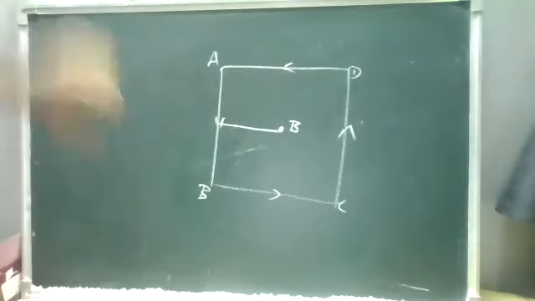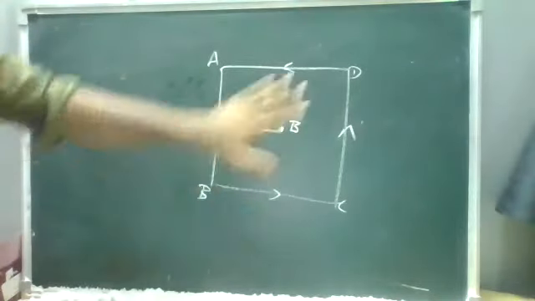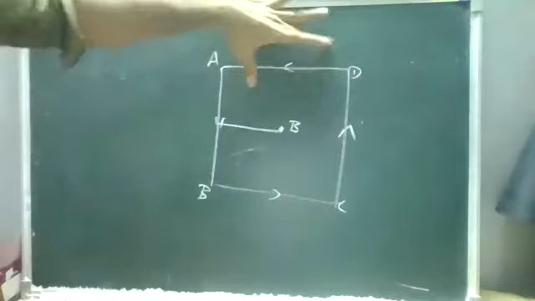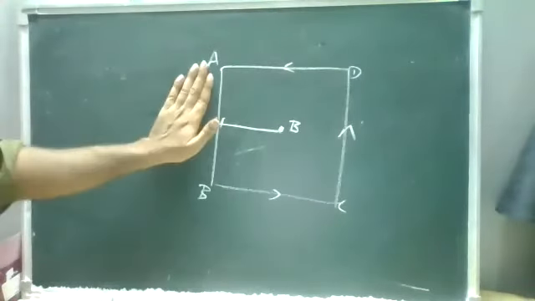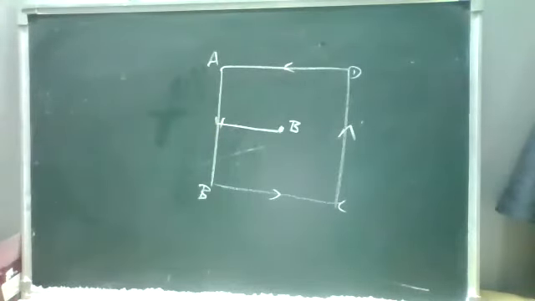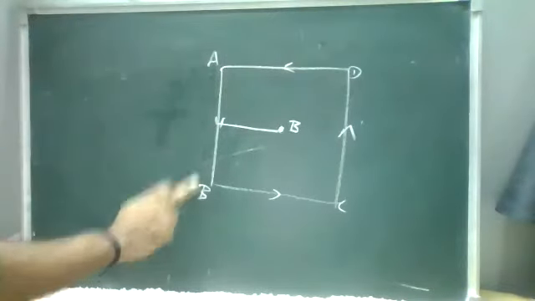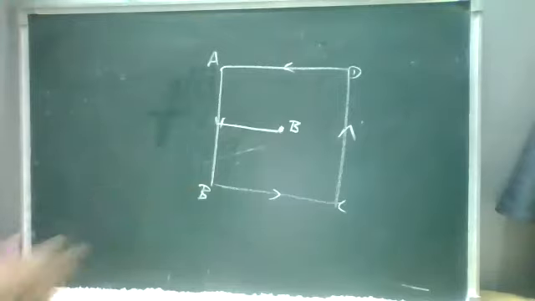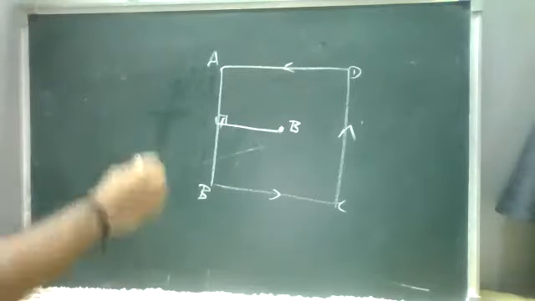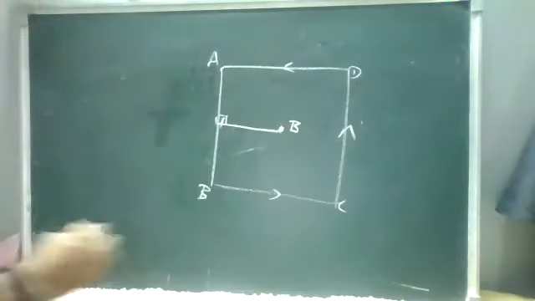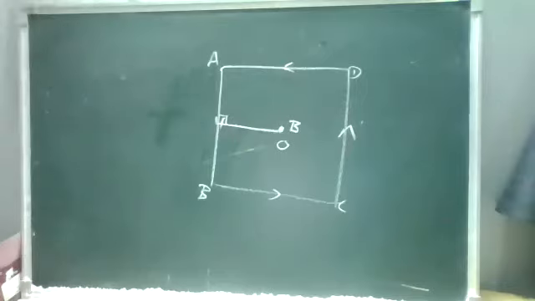Now, looking here, each side is like a straight line current carrying conductor. I'm taking only one side presently. I need to find the magnetic field of each side, that is side AB, at the center. Here it was making an angle of 90 degrees. Assuming this is your point O, I need to find the magnetic field at this center.